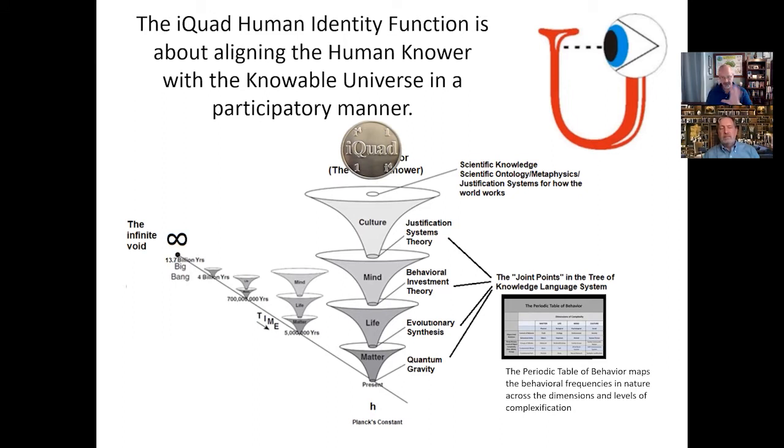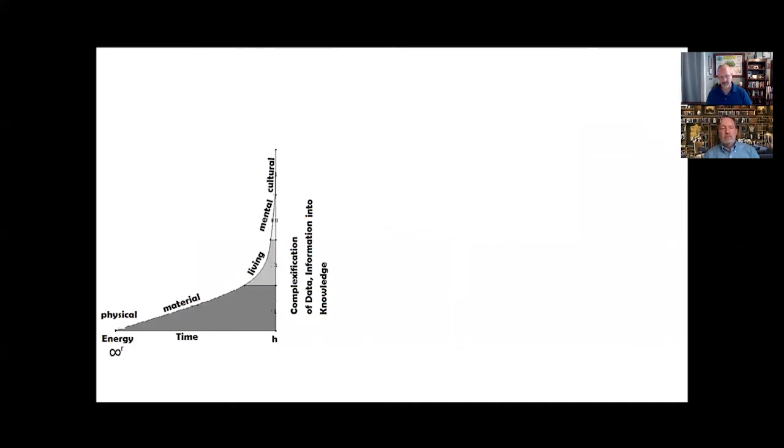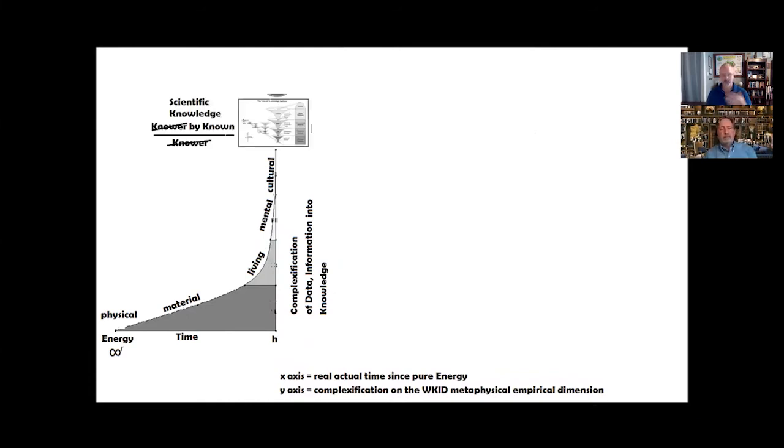So with the tree of knowledge and UTOK in general, of course, we then have the coin, and a lot of what we're trying to do is see the H factor, and also see the H factor in the context of a wisdom philosophy. So this affords one way of looking at it. Here's another way of looking at it: you have an evolution of complexification from data, to information, to knowledge. The tree of knowledge maps that. The coin maps the individual.